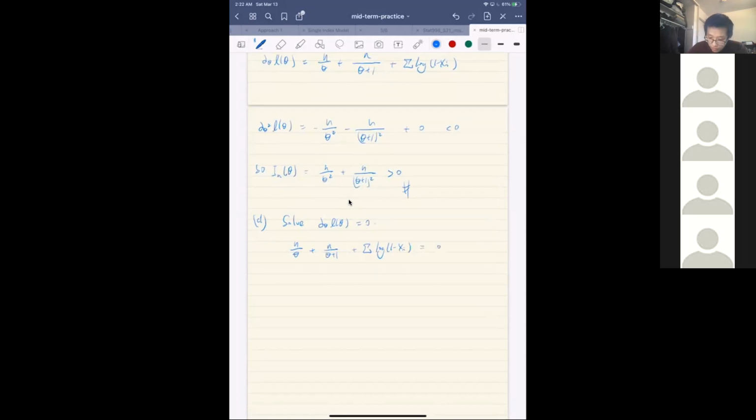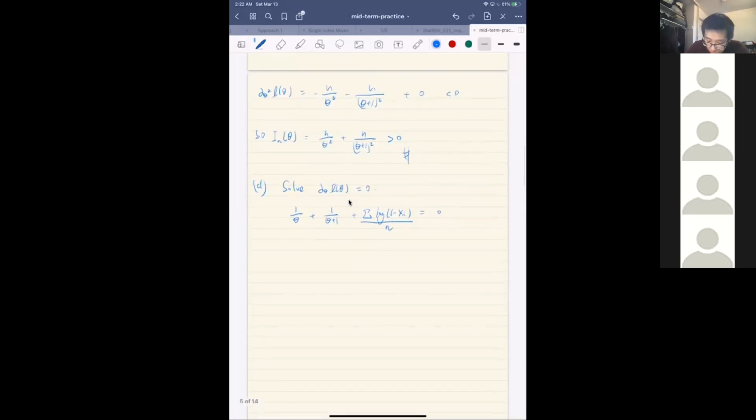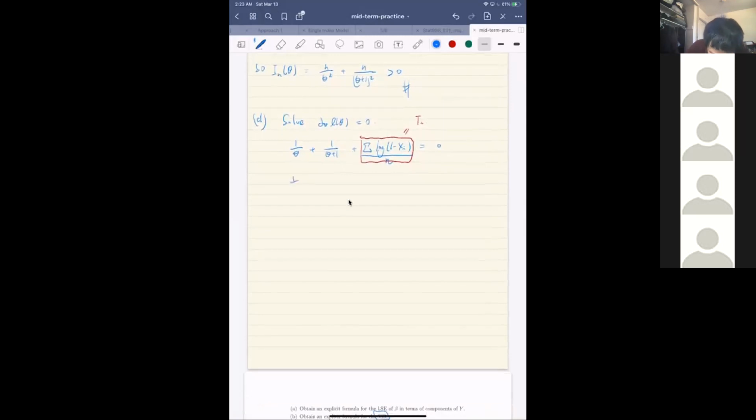So let's divide by n, and it can be equal to this. Next, say this one is defined as a test statistic Tn. Then we have this.